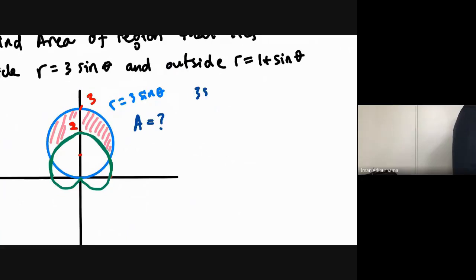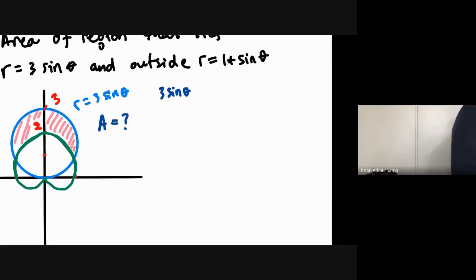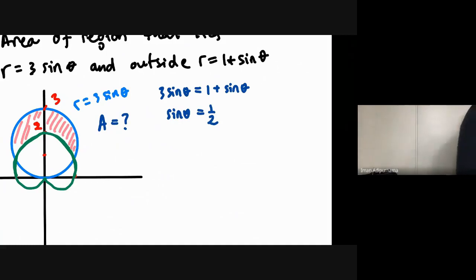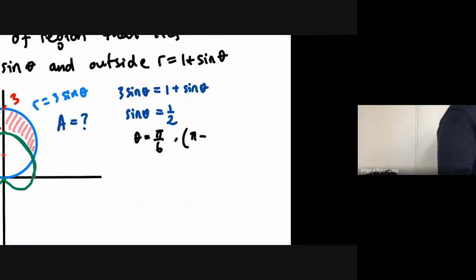So 3 sine theta equals 1 plus sine theta. And then we can get theta. First is pi over 6, okay? And the other one is, let me write completely, pi minus pi over 6, or 5 over 6 pi.